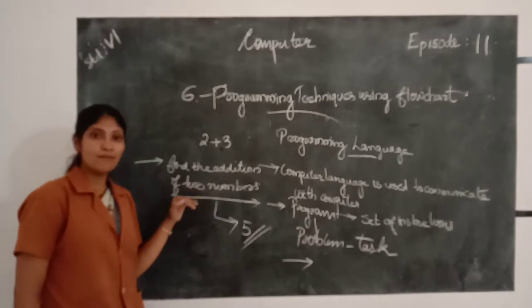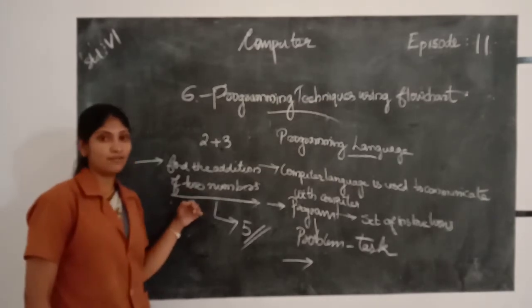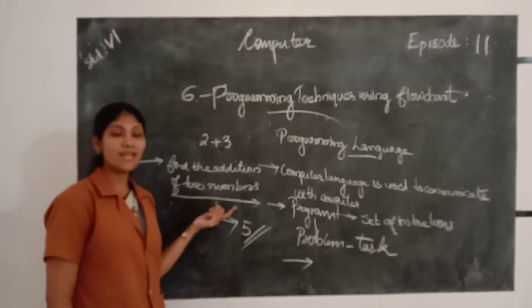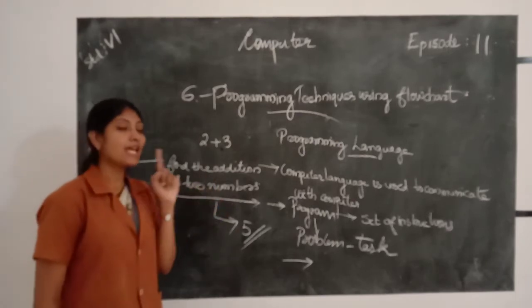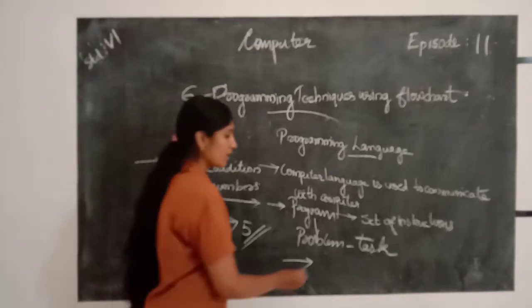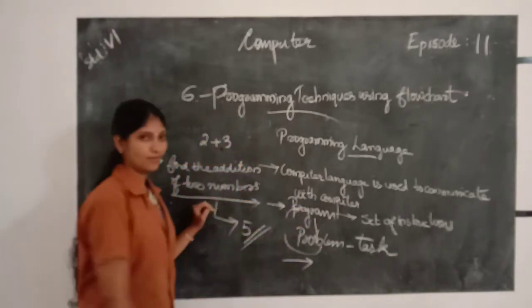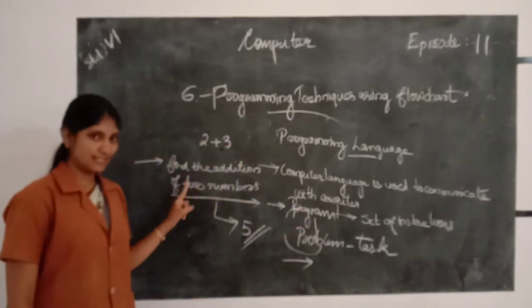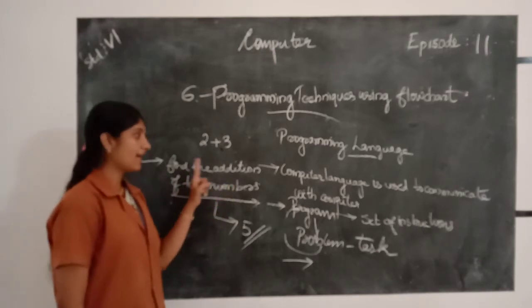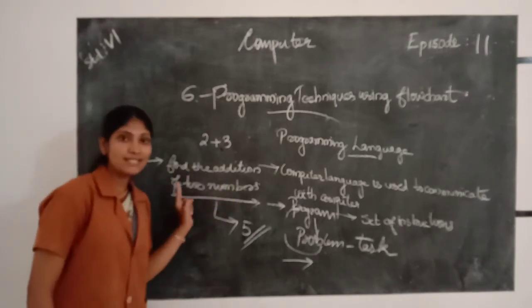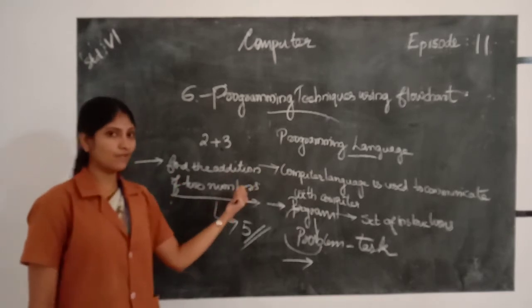For solving the problem, we need some instructions, and those instructions are known as programs, right? Here the problem is: find the addition of two numbers, and we know there are some steps for solving it.